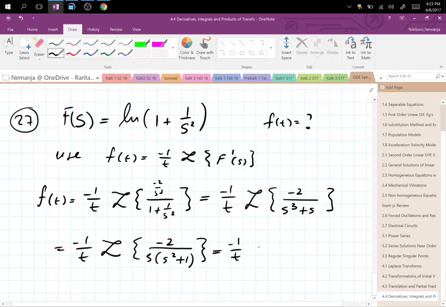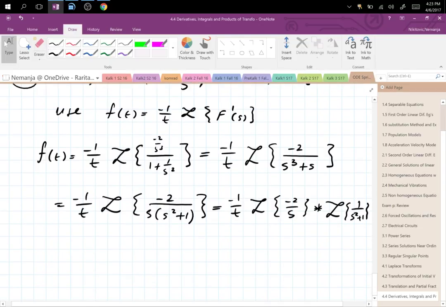You can use the inverse Laplace transform of negative 2 over s convolved with the inverse Laplace of 1 over s squared plus 1, which is the sine, and that's times negative 1 over t. 1 over s is the inverse Laplace of 1 over s.